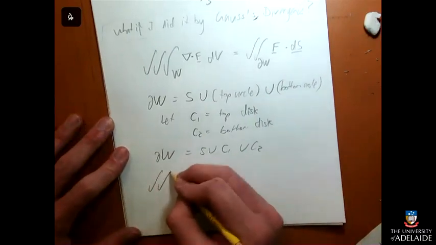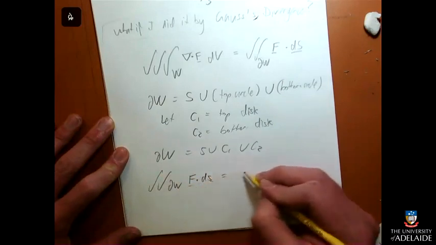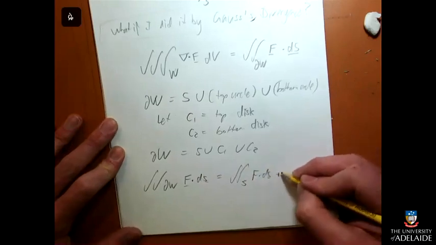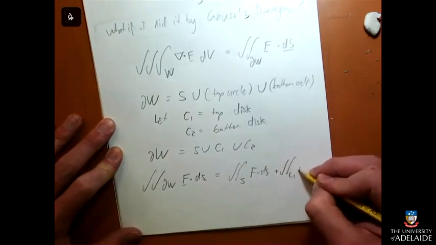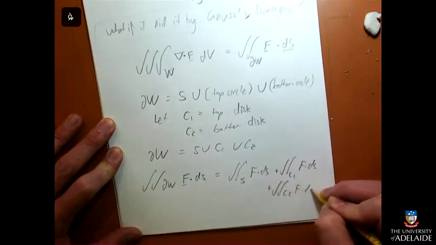Okay, so the integral across the boundary of W of f dot ds is the integral across S of f dot ds plus the integral across C1 of f dot ds plus the integral across C2 of f dot ds.